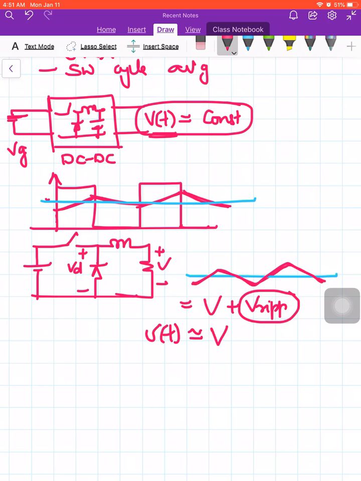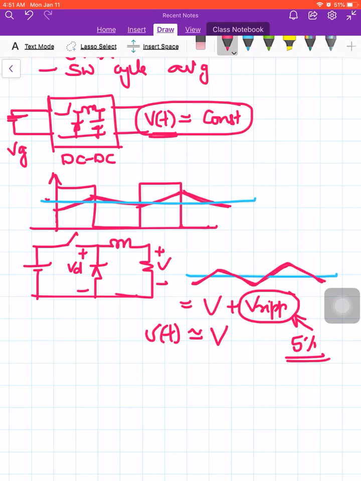Even this is the case for a well-designed converter. When we design a converter, we try to design our ripple voltage to be less than, let us say, 5% of the total voltage.